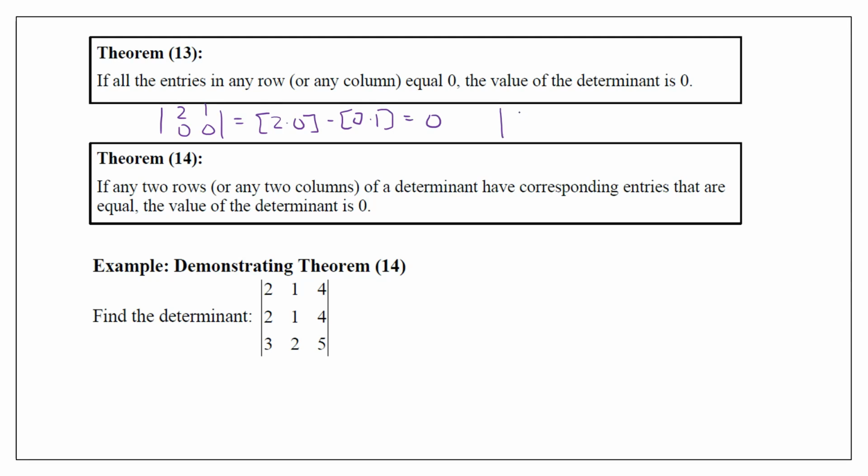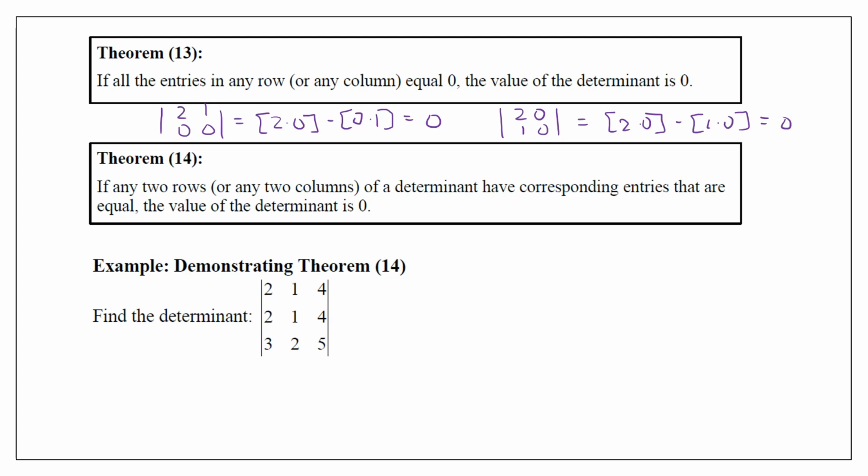Same thing if I had zeros along a column, I would have 2 times 0 minus 1 times 0, which equals 0.